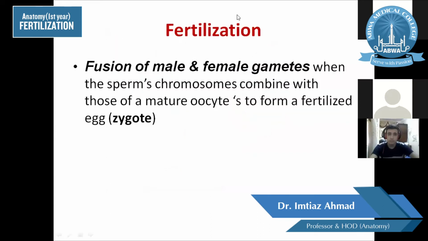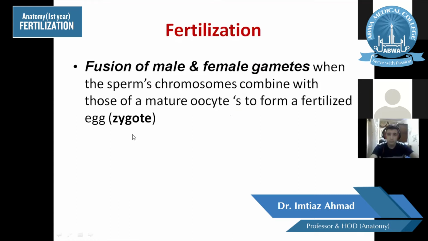So, how do we define fertilization? It is a fusion or union of male and female gametes. When the sperm's chromosomes combine with those of the mature oocyte to form a fertilized egg known as the zygote.